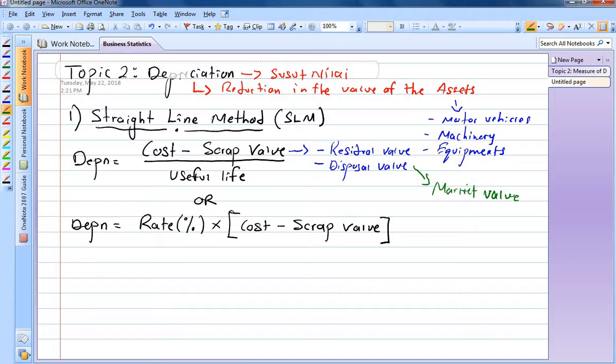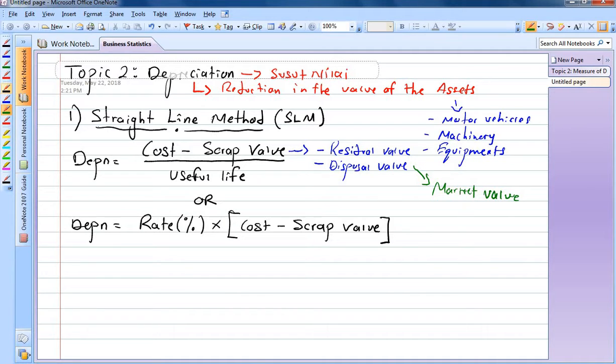So that's why they use that term, scrap, dispose, and so on. Okay, but there is a value for that, because when you want to sell a particular asset at that point of time, what is the value of the asset at that particular time? Okay, so cost is the cost of the particular asset. Useful life means how many years you use the particular asset.